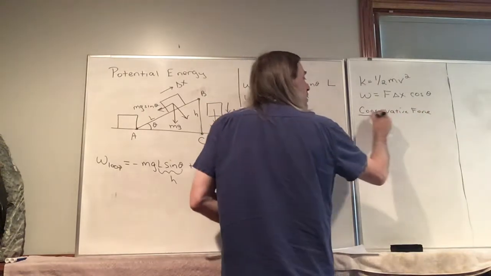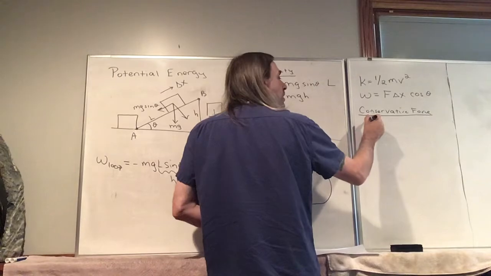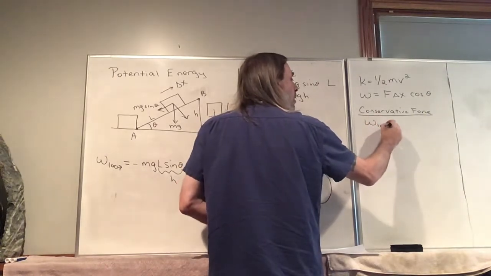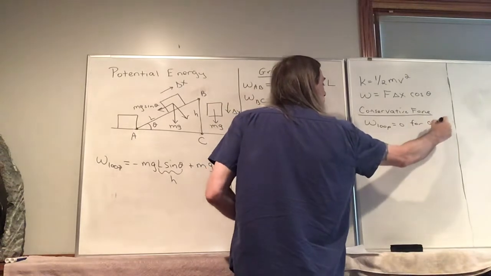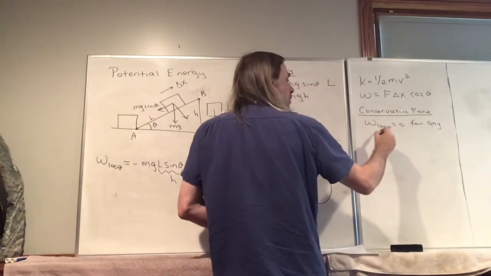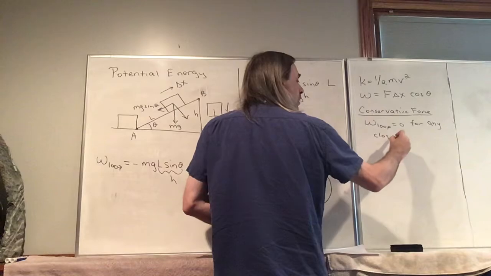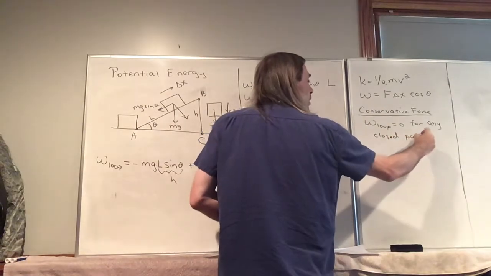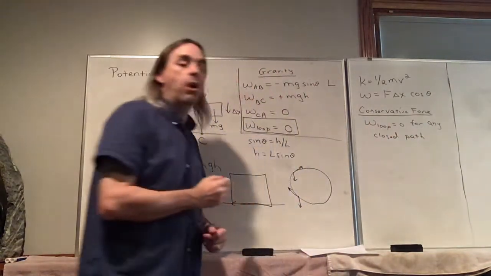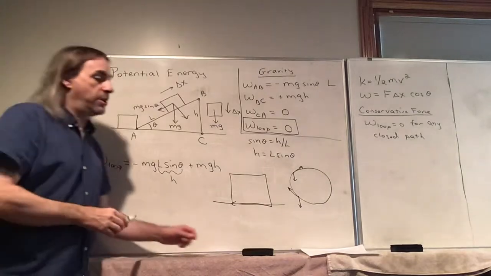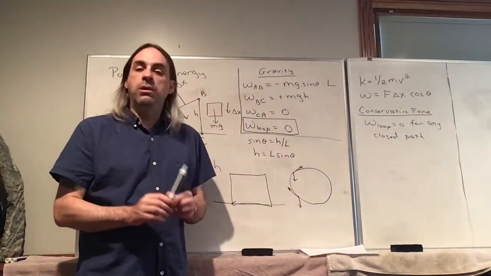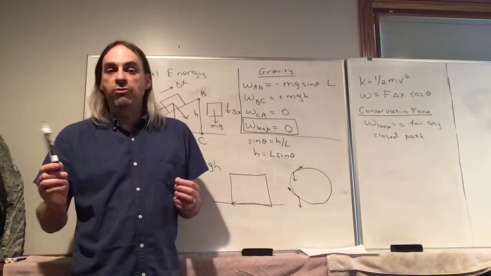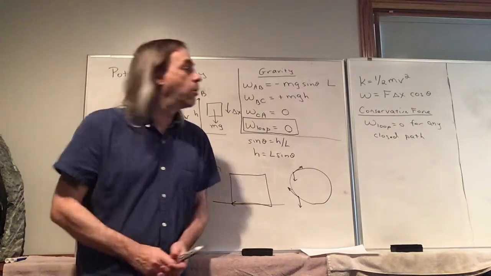So what that means, in order for a force to be conservative, the work has to be 0 for any closed path. So if you take an object, lift it straight up, straight down, or you could take a slight detour around the Andromeda Galaxy, you have to get 0 either way.